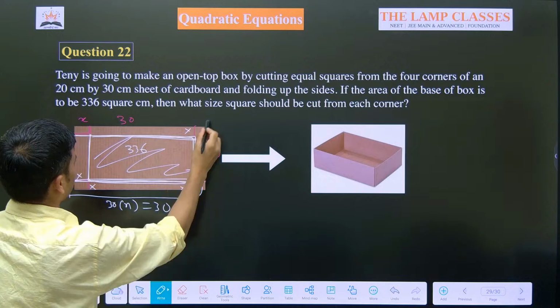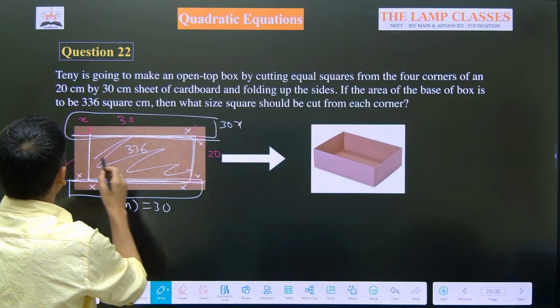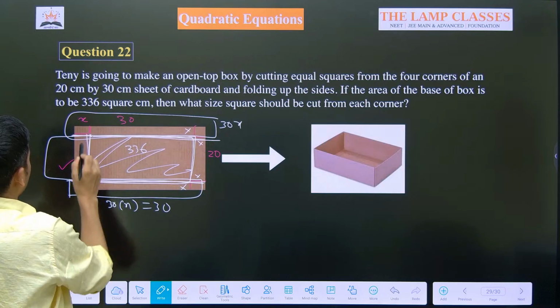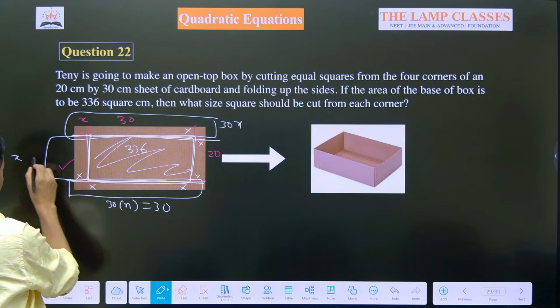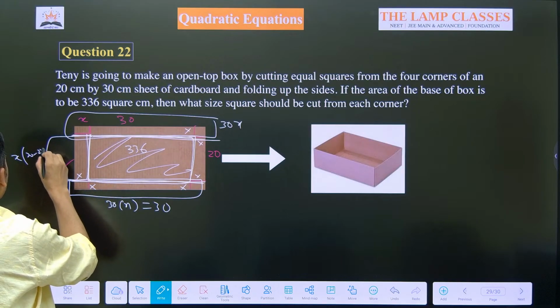That's 30x. This area alone, that is also 30x, right? And can we calculate this area? So for that area, it is x times 20 minus 2x, right?